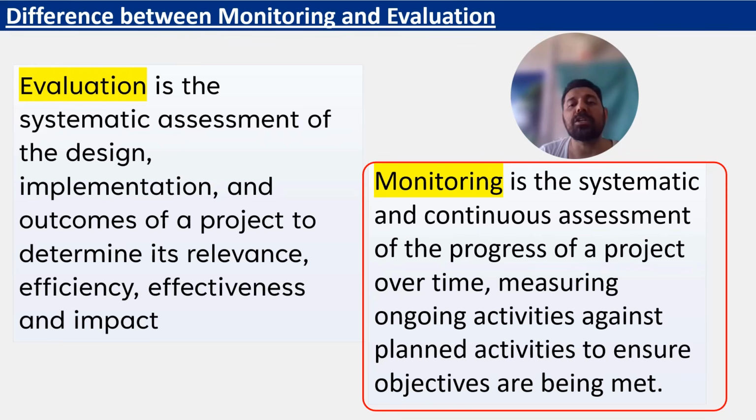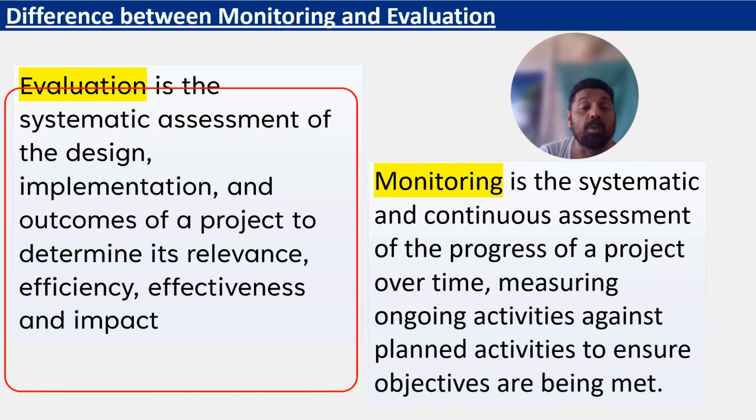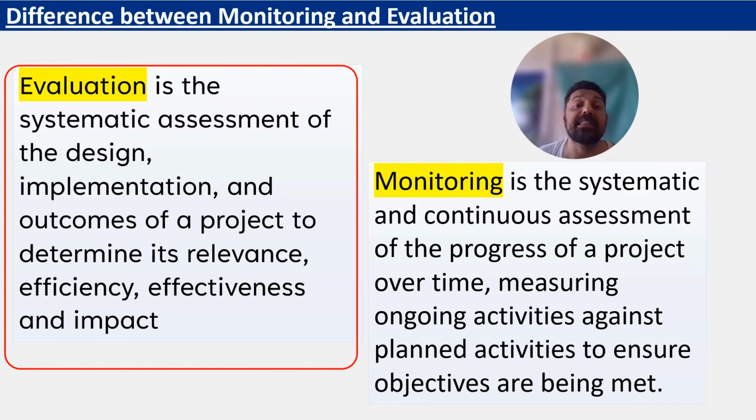So in monitoring, you are focusing on the progress of activities, indicators, and project, while evaluation is then the systematic assessment. Whatever monitoring you have done so far, now in evaluation you will see whether the project activities and indicators that we track during monitoring, whether they have some impact on the beneficiaries or not.